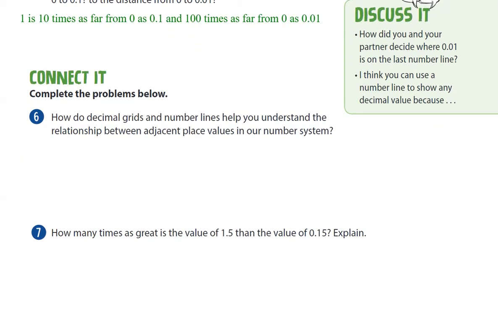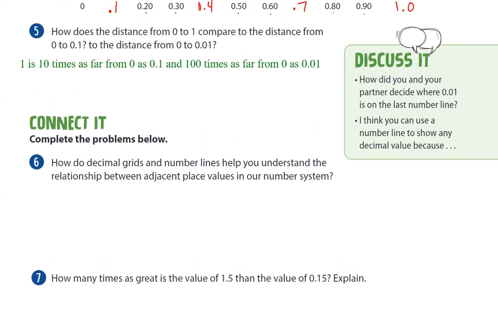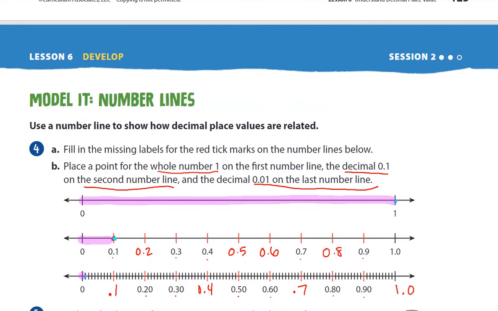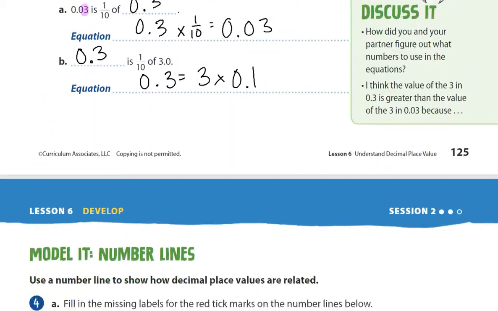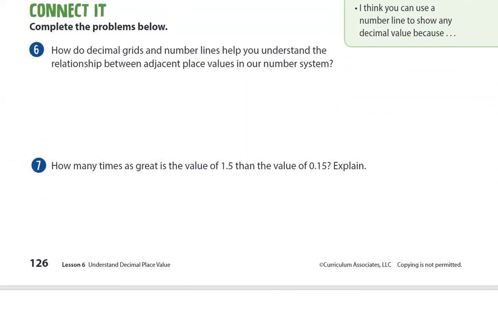Number 6, how do decimal grids and number lines help you understand the relationship between adjacent place values in our number system? So how does this model and this model help you understand the place value of these tiny numbers? That's really the kind of question that you should answer yourself, because it's how it helps you.